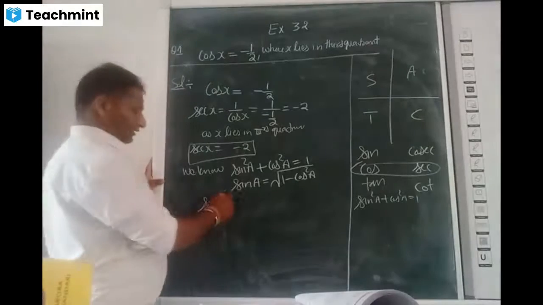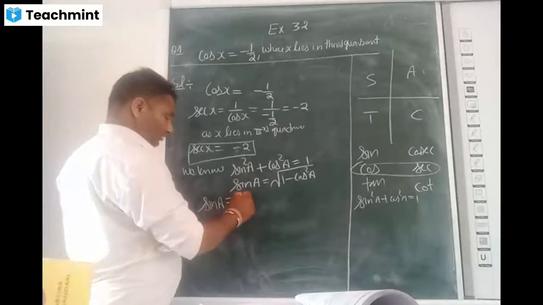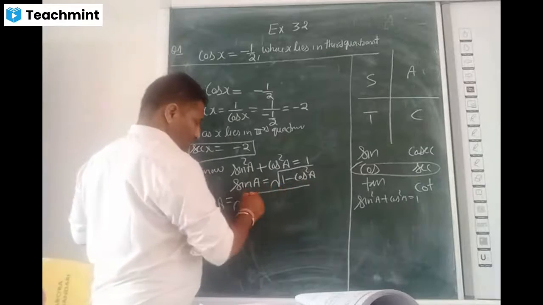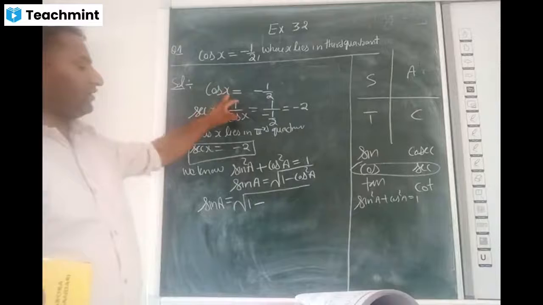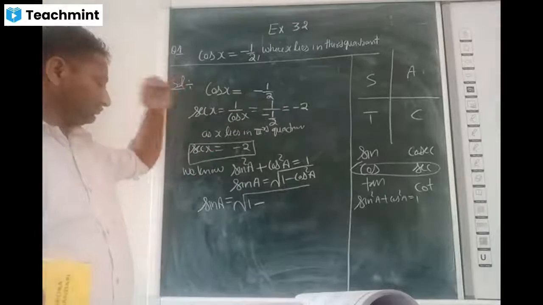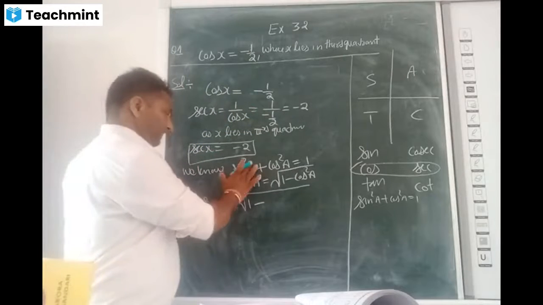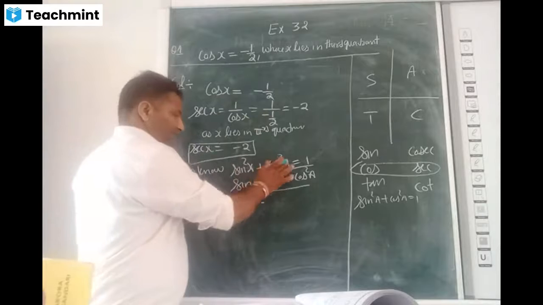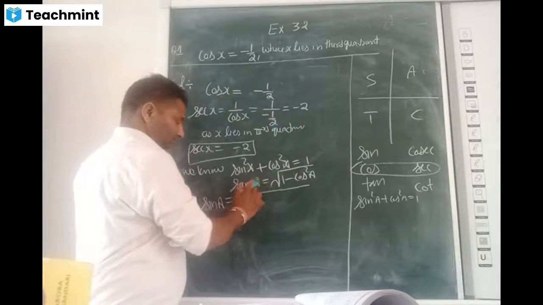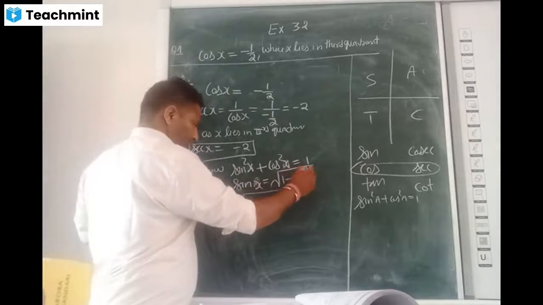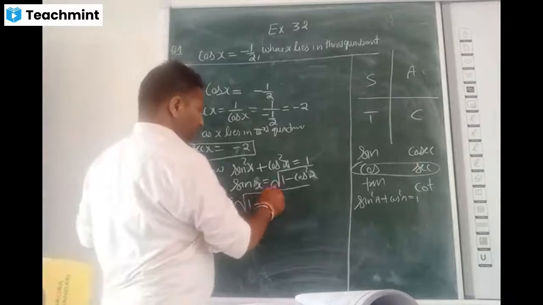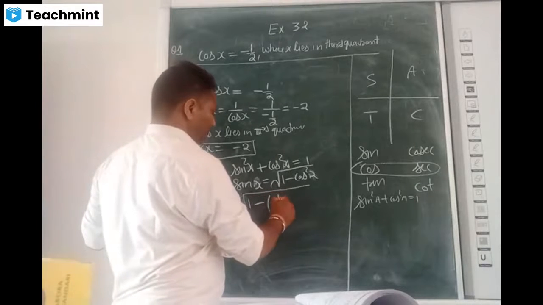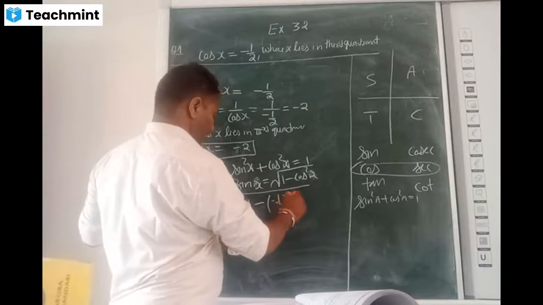So from here, sine is equal to under root 1 minus cos square. There is no a, there is x. So it is 1 minus (1 upon 2) whole square.